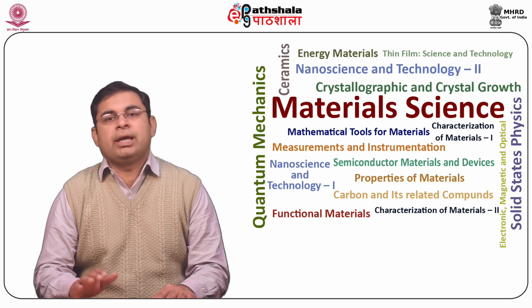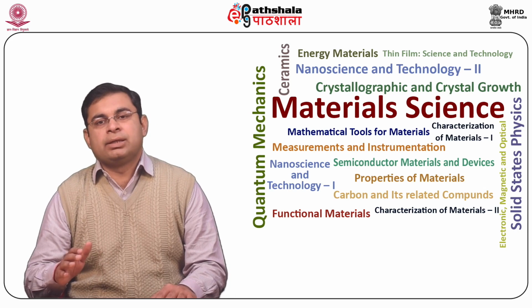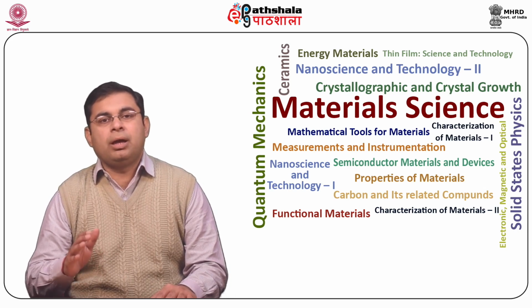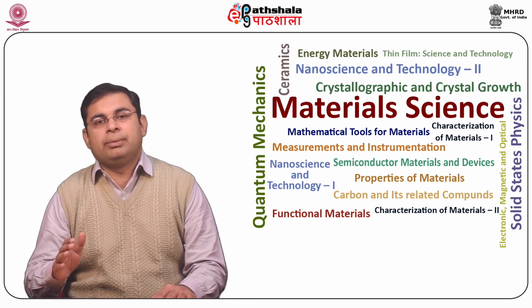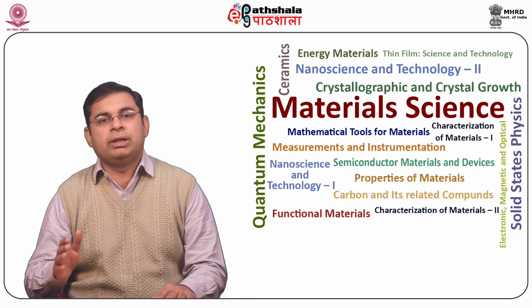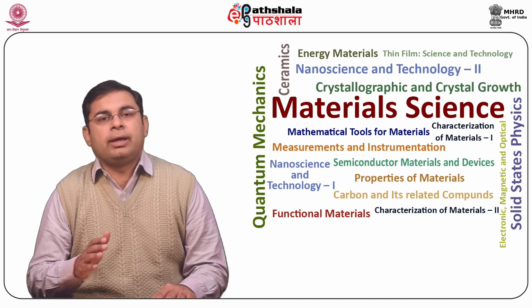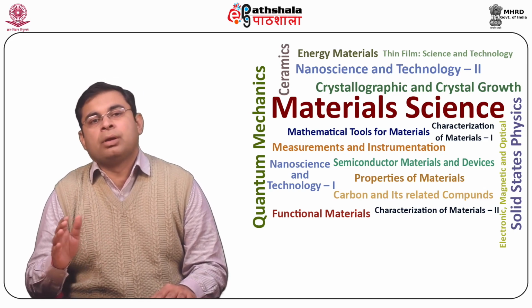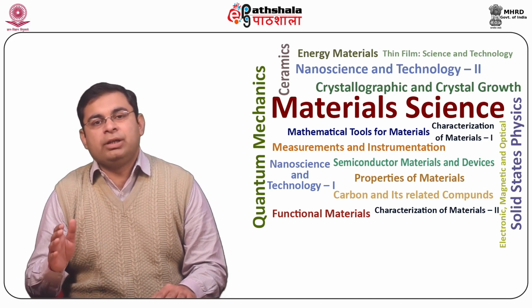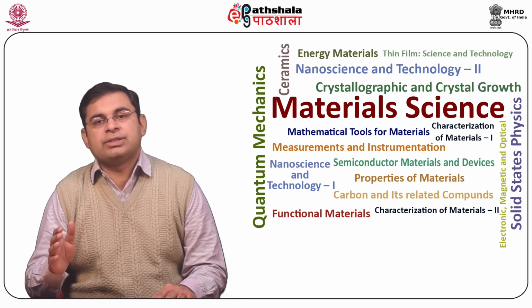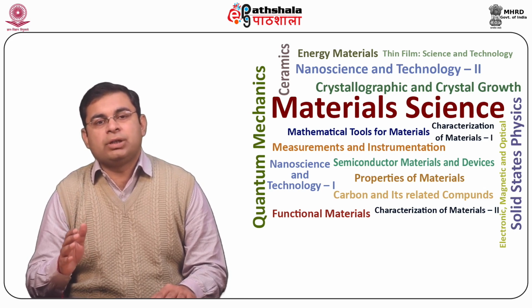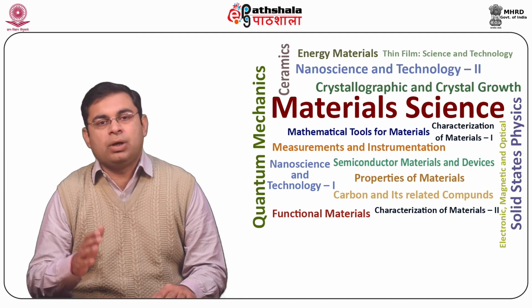The experiments can be categorized as weak field limit or strong field limit depending upon the value of omega c and tau. For weak magnetic field and or short relaxation time, omega c tau is much less than 1.